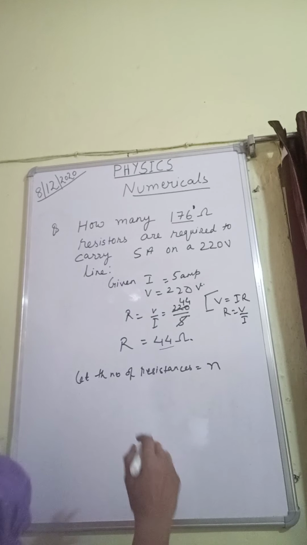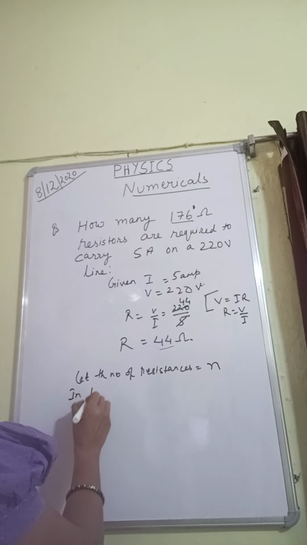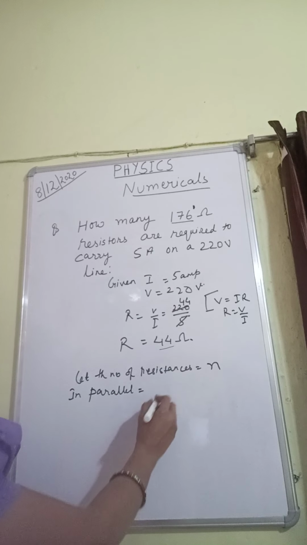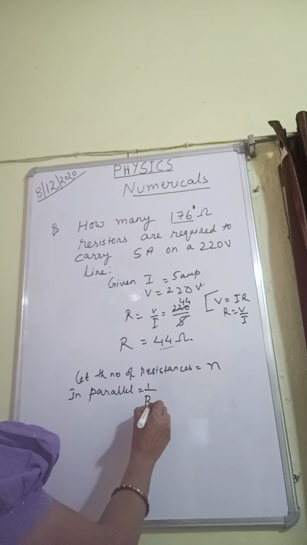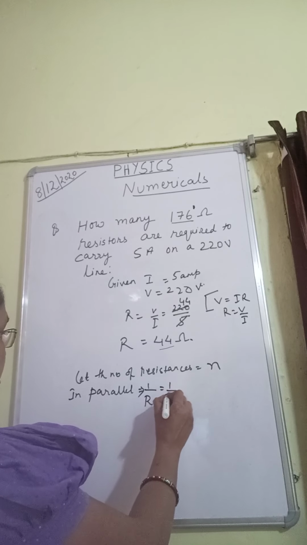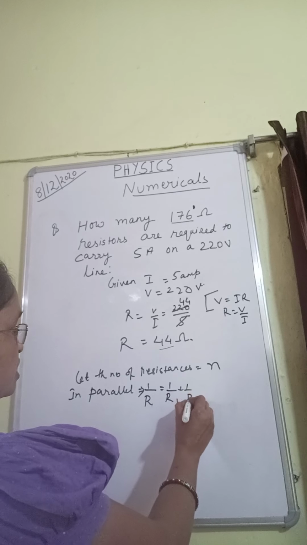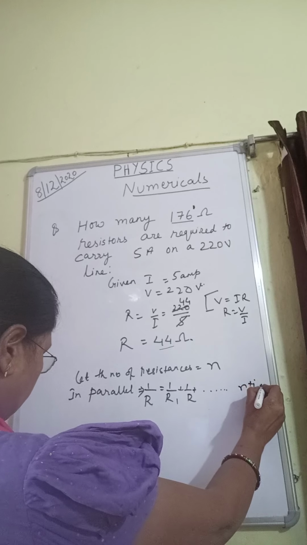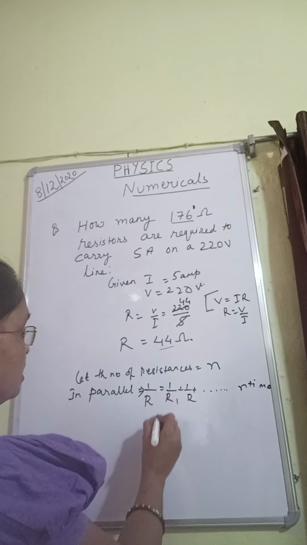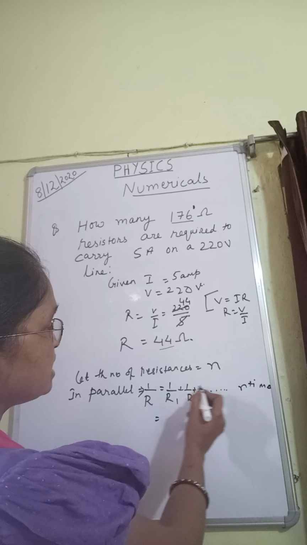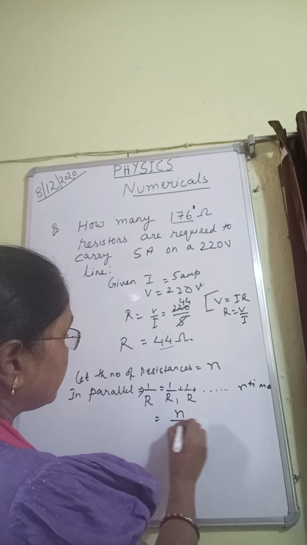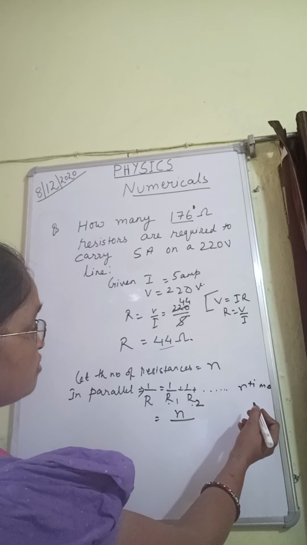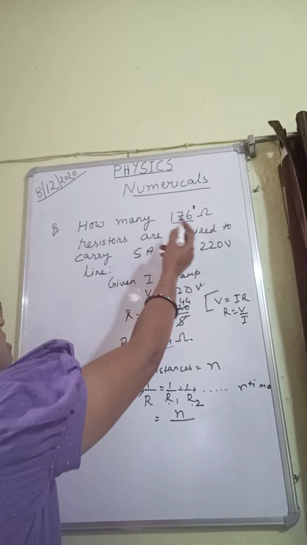So you see here, in parallel connection, we can write 1 by R is equal to 1 by R1 plus 1 by R2 plus and so on, N times. So all these are N times, so the total will be N, and R1, R2, R3, R4 are given as 176 ohms.